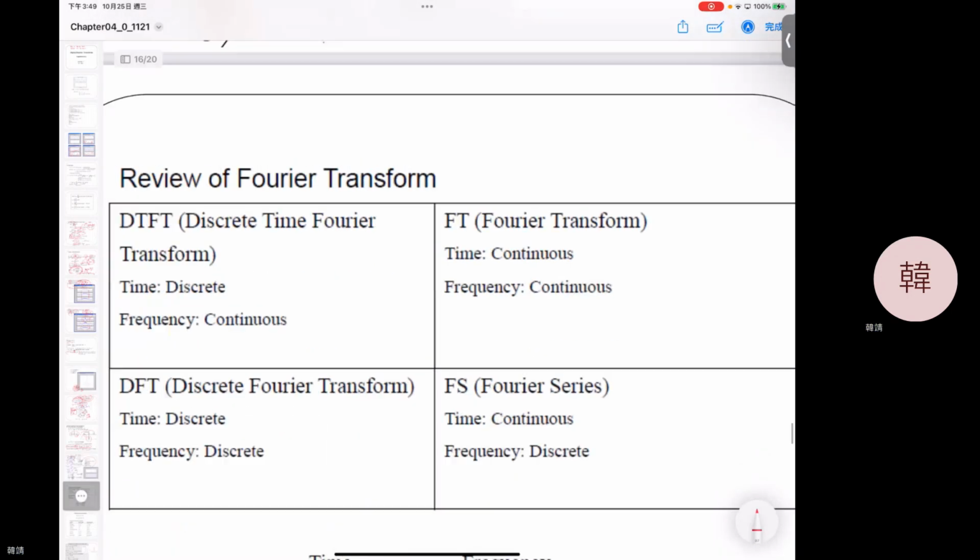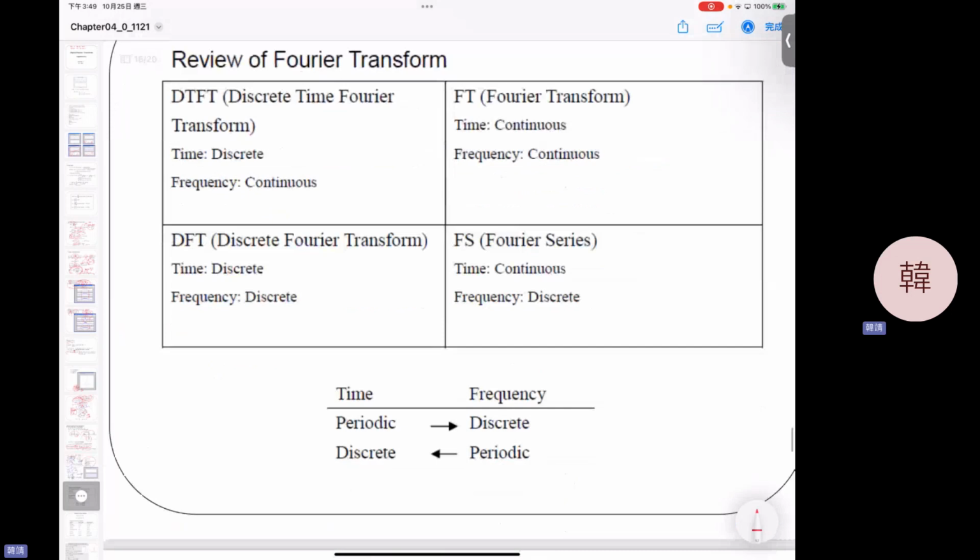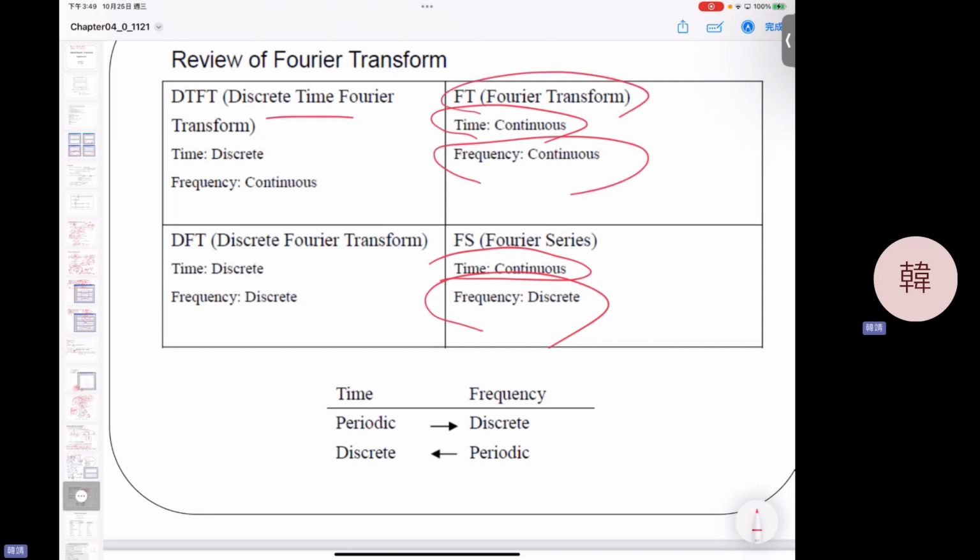So that's the way you look at the Fourier transform. We have time continuous, frequency discrete for the Fourier series. We have time continuous, frequency continuous for the Fourier transform. Then we can sample your signal in the time domain, so your time becomes discrete and frequency becomes continuous, and we follow with the discrete Fourier transform.